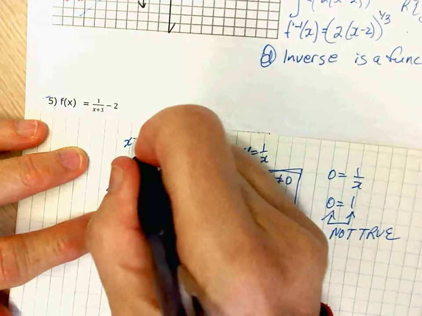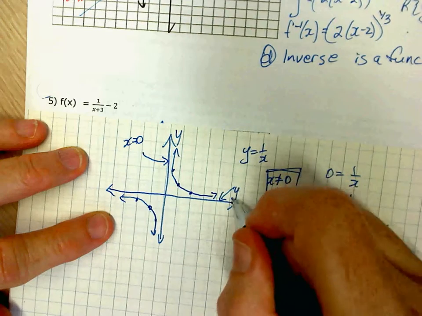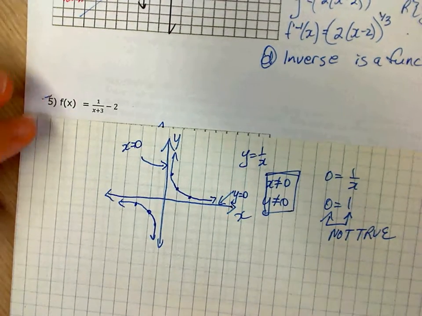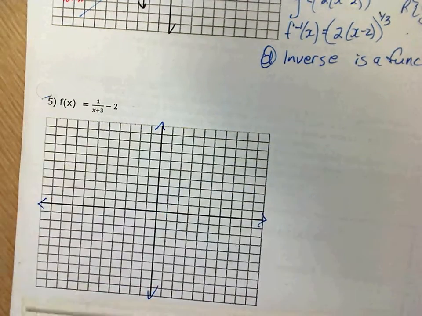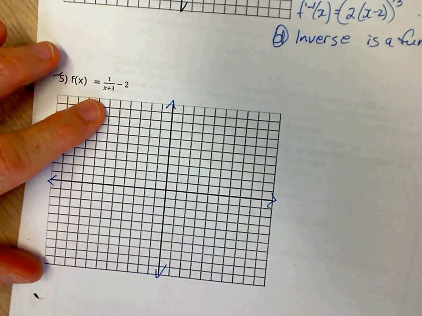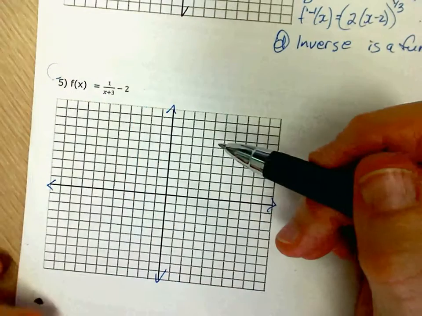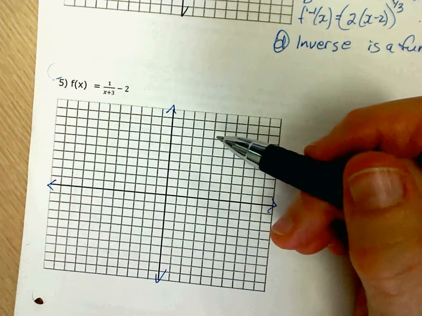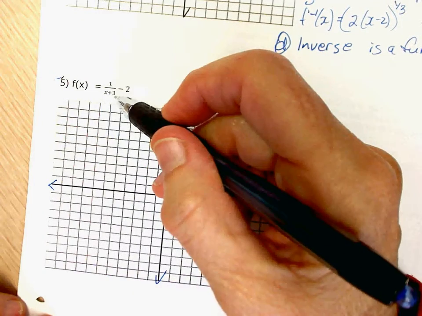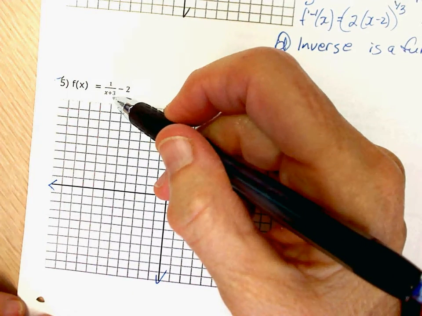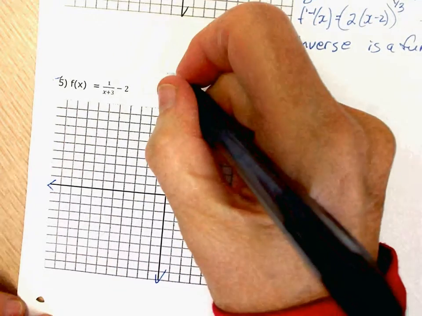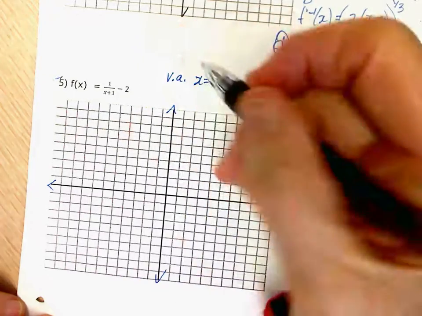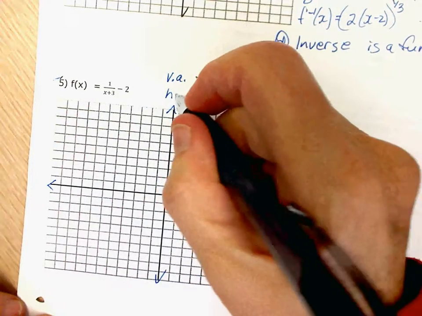I'm just reviewing that so I can ask you now, on this graph here, so we can do it in one step, what is our vertical asymptote? So our vertical asymptote is x equals 3. What's our horizontal asymptote? Y equals -2.